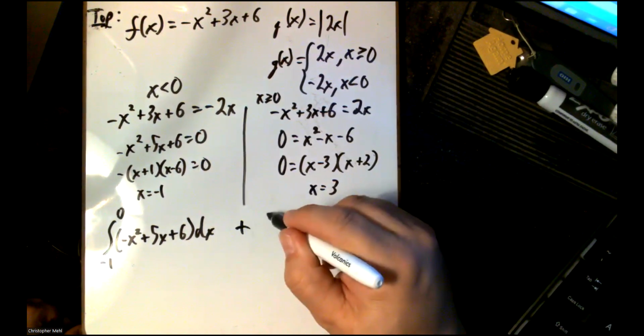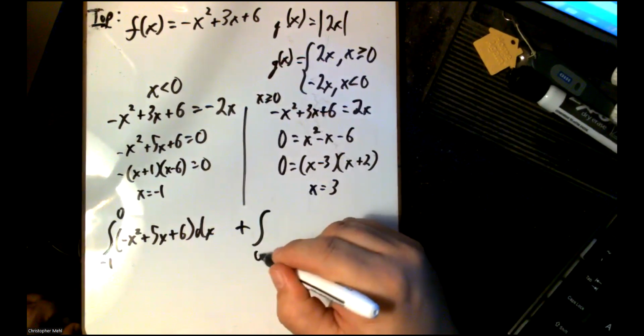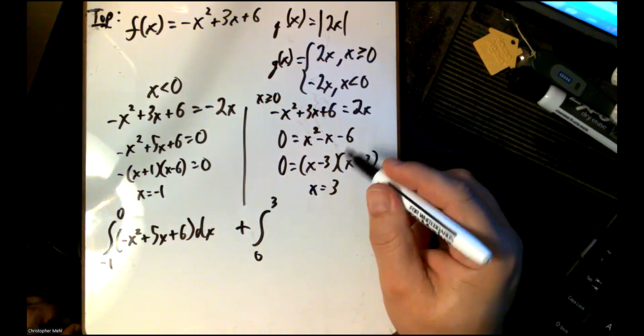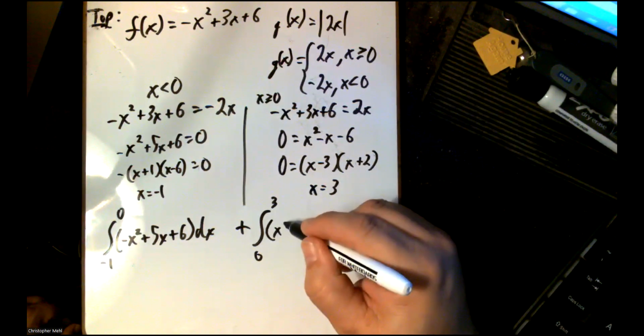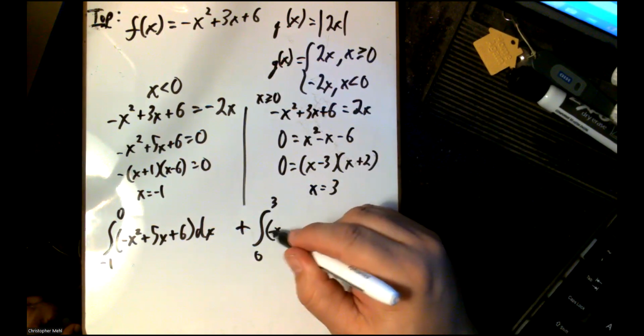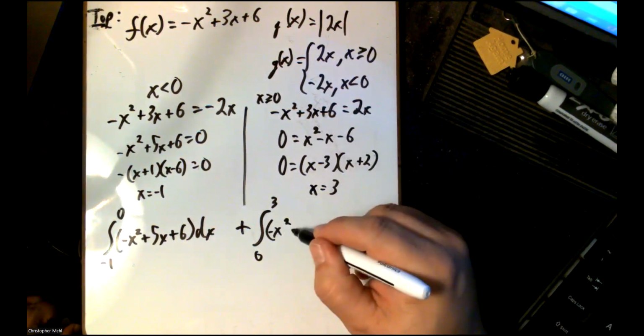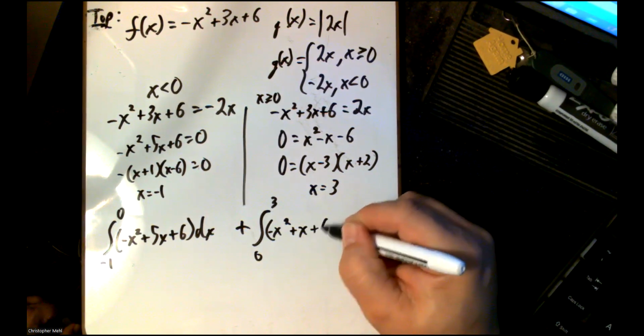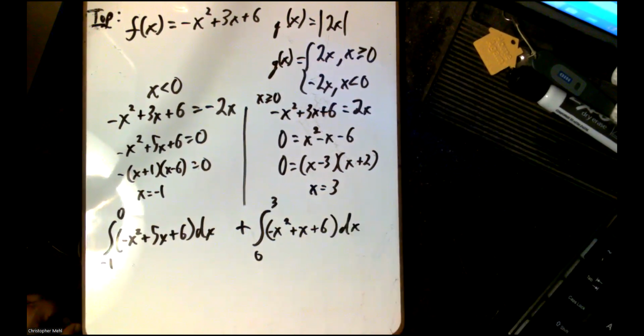And so the next part is going to be the integral from 0 to 3 of negative x squared plus x plus 6, like so.